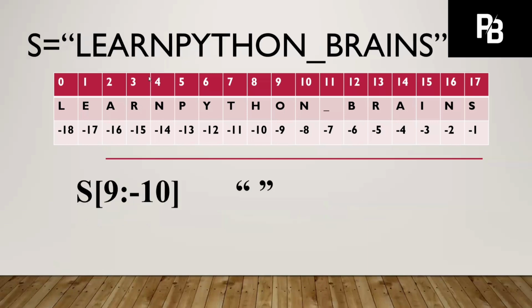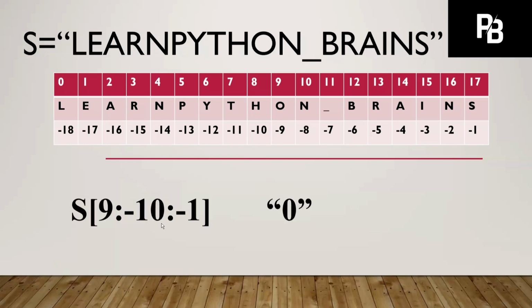Next we have here 9 colon minus 10. So 9 is there and minus 10 is there. Okay, so 9 to minus 10, backward direction, but the step value is 1. That indicates forward direction. So how can I move? That is a mismatch problem. So that's why it shows an empty string.